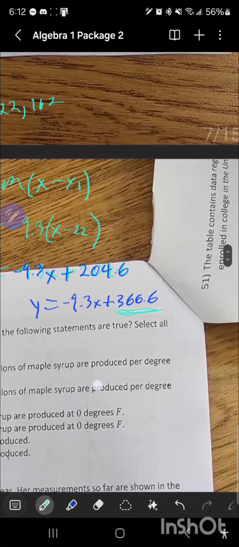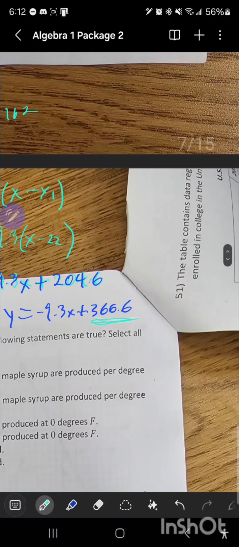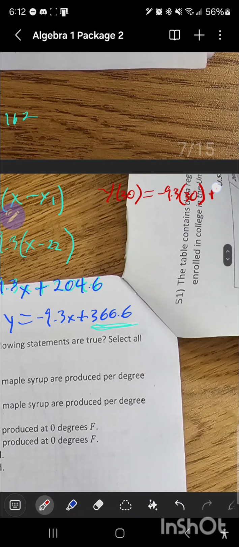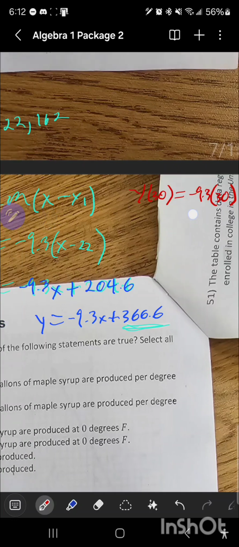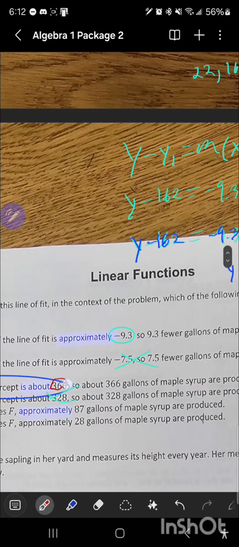I have my equation. I'm going to say y of 30, because I'm looking for 30 degrees, equals negative 9.3 times 30 plus 366. I'm going to use 366 because that's the y value given in the exercise, just to make it more accurate.